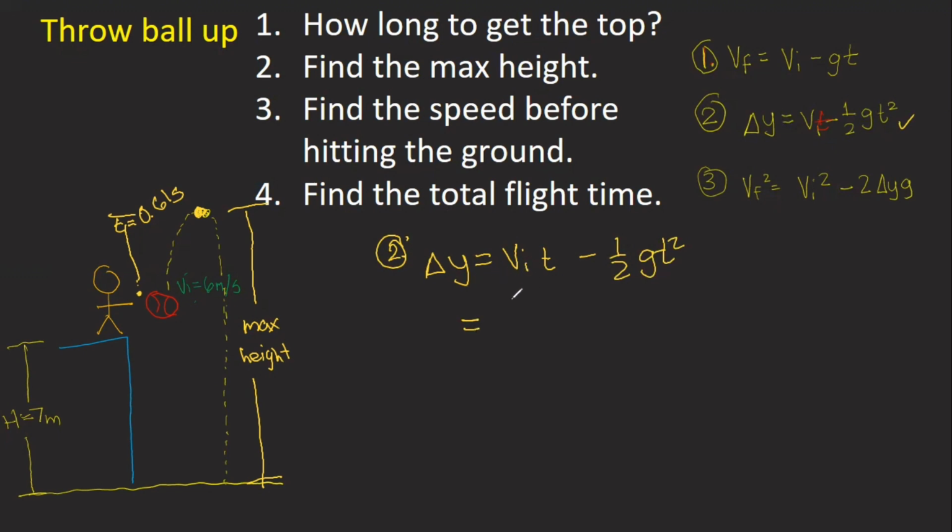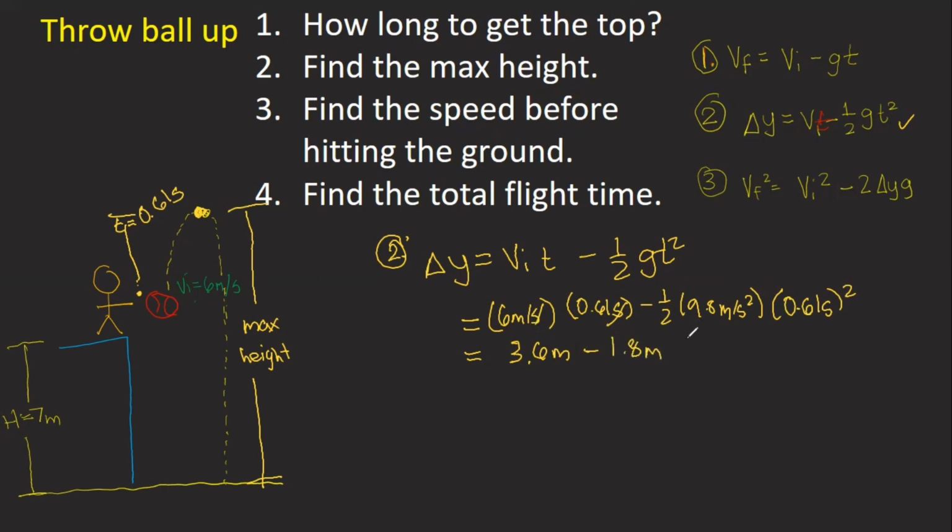Now, the initial velocity still is 6 meters per second times the time, which is 0.61 seconds, minus 1/2 times 9.8 meters per second squared times 0.61 seconds squared, equals 3.6 meters, because seconds will be canceled, minus 1.8 meters, which is equal to 1.8 meters.